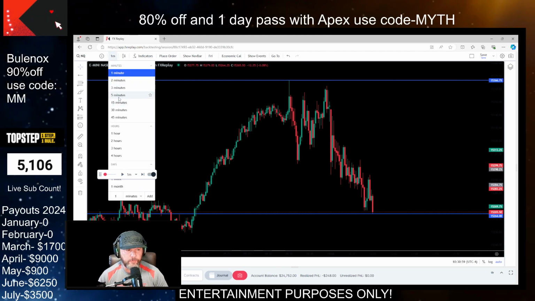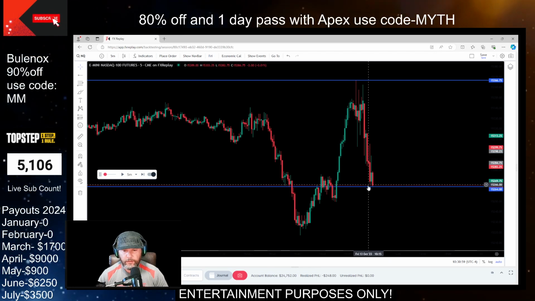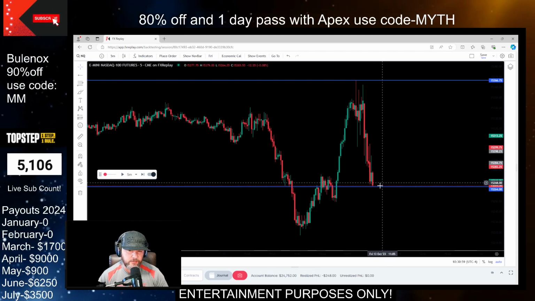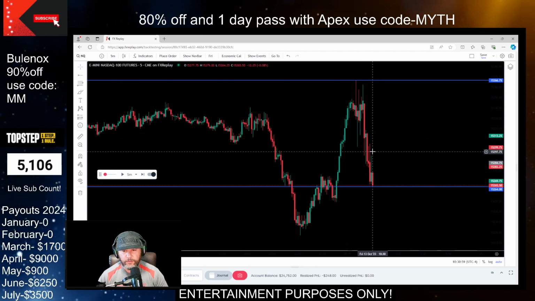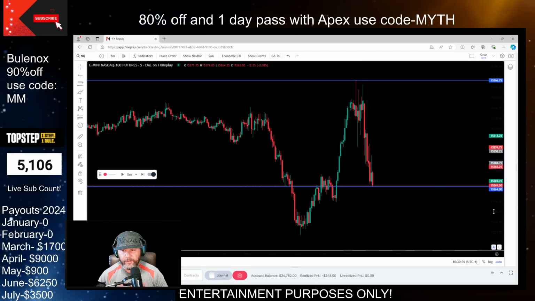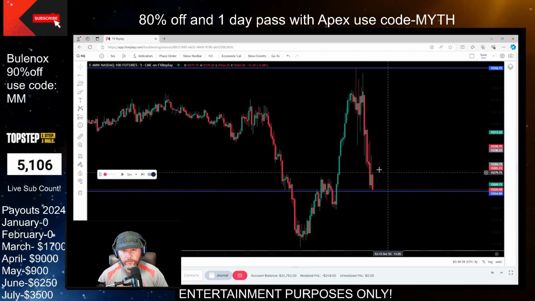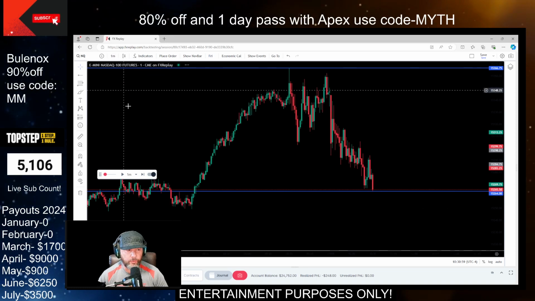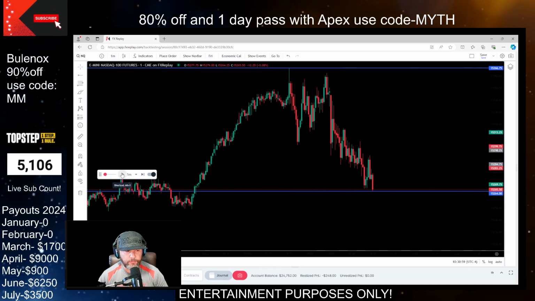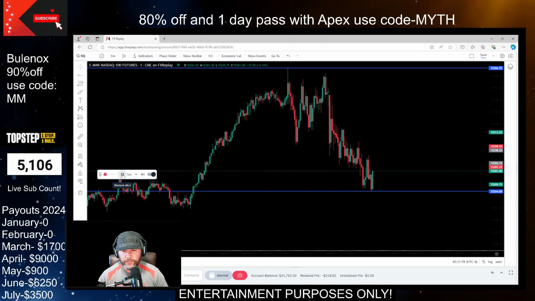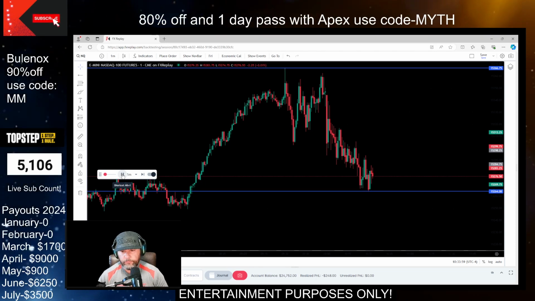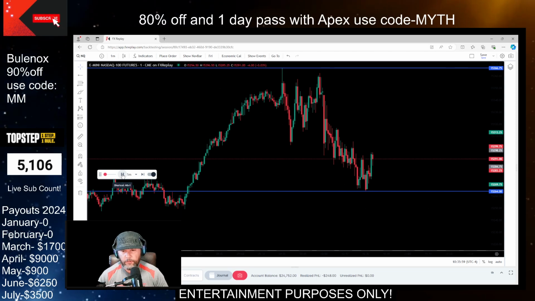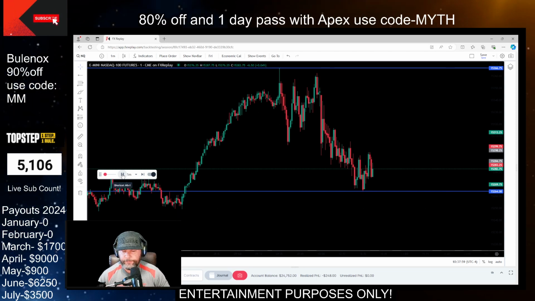And again, if I'm looking for a 5-minute wick test, this is not really it. The other one down there to the low is not really it either. But that being said, maybe there would be one now.